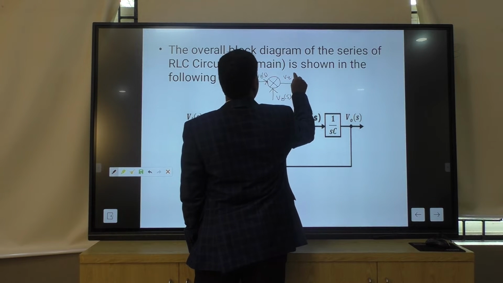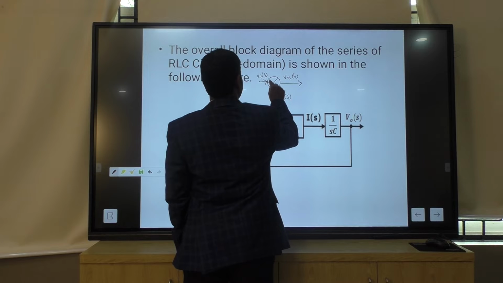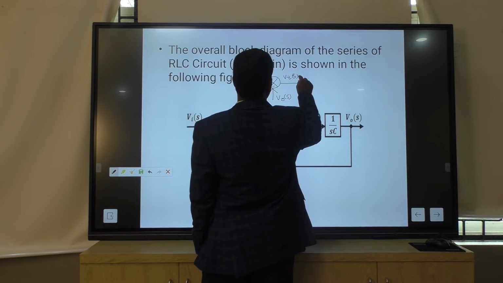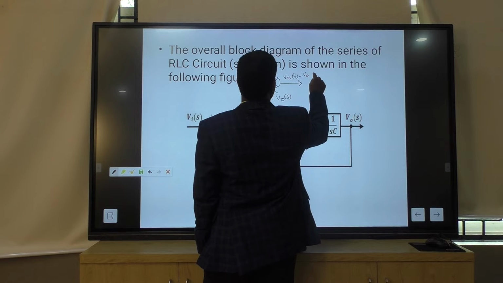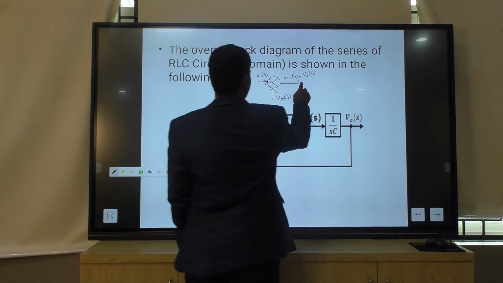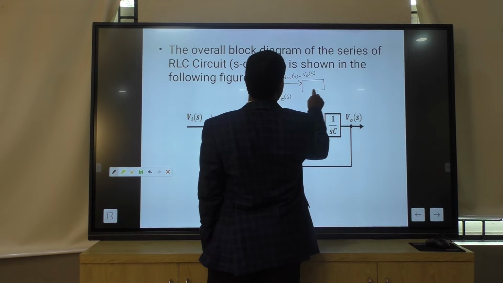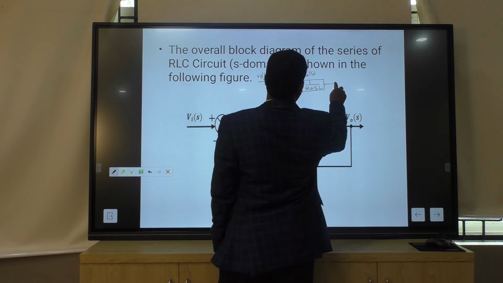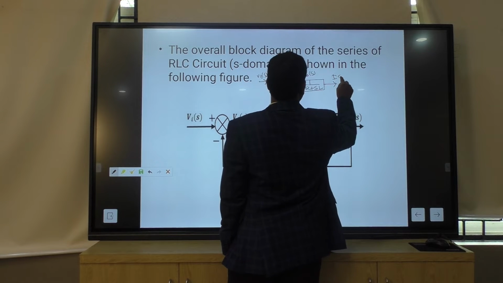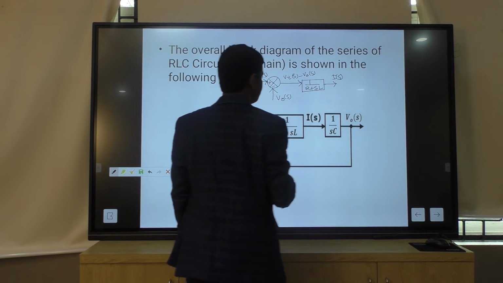Output is VIS, so VIS plus, V naught S is minus. So VIS minus V naught S. What is the block value in the first diagram? 1 by R plus SL. So the output here is IS. This is the first block diagram.